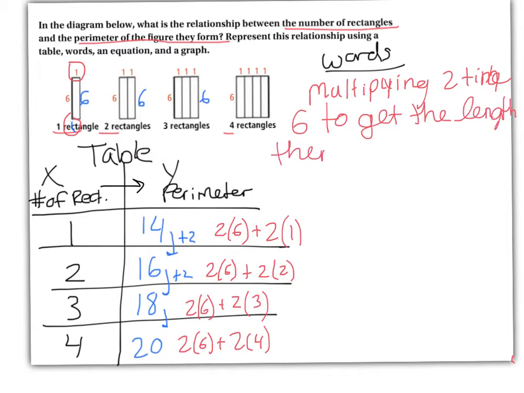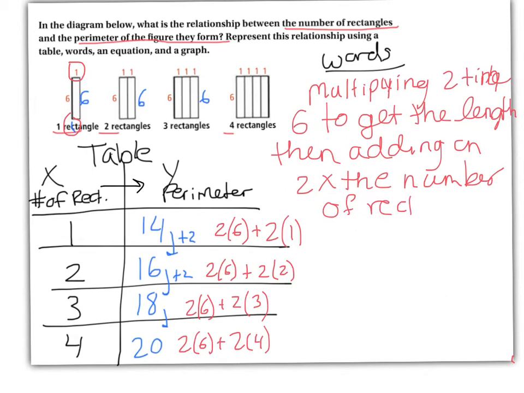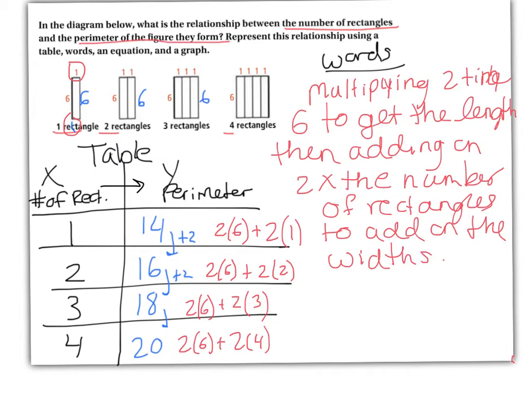Then adding on 2 times the number of rectangles to add on the widths. Or something like that. You can explain this in words a lot differently, but explain exactly what you're doing. You're multiplying 2 times 6 to get the length, and then adding on 2 times the number of rectangles to add on the widths.